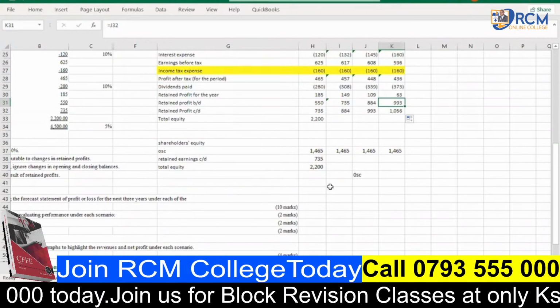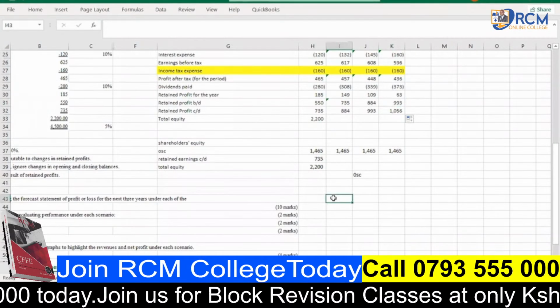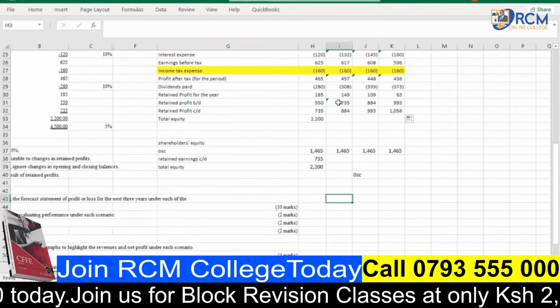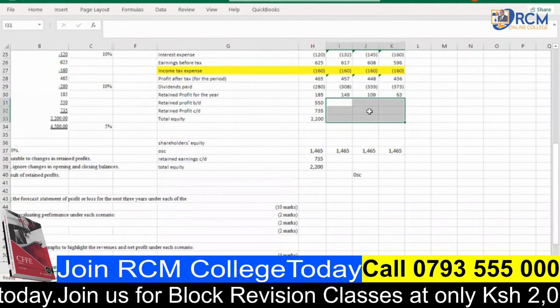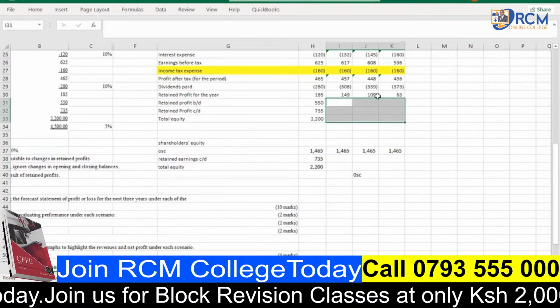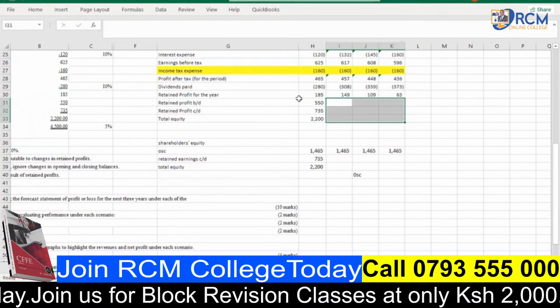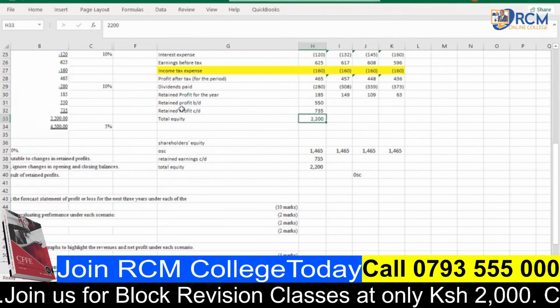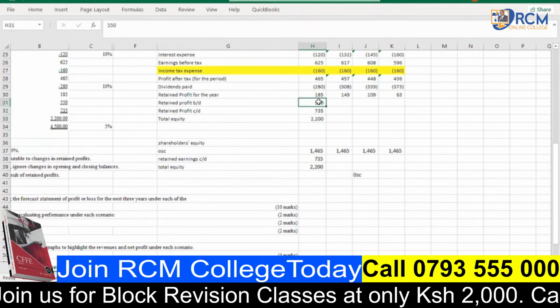Sasa tumesema hivi. Let's do away with these ones here. These profits you will be able to calculate, but retained earnings hii tumepewa, and we said our retained earnings brought down was there.